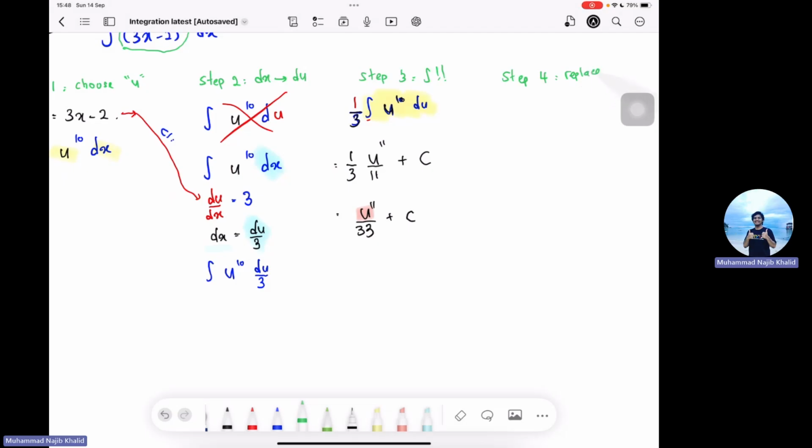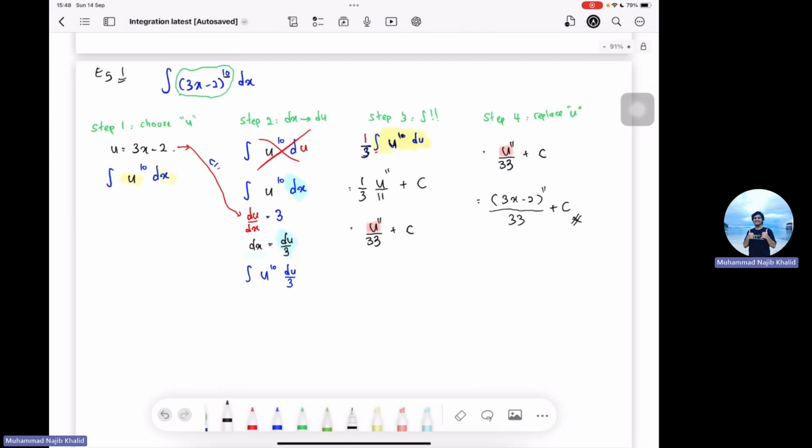The last answer for this example is the bracket of 3x minus 2, power of 11, divided by 33, plus c. Here is our last answer for this example.